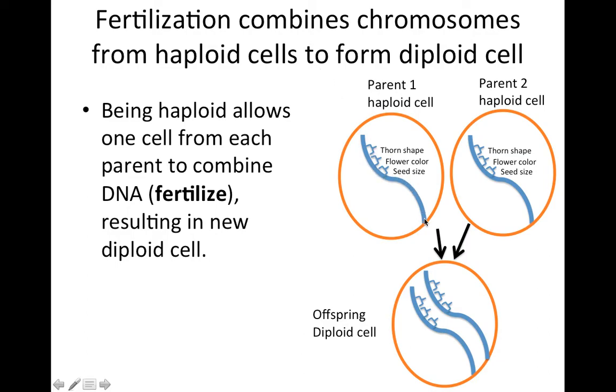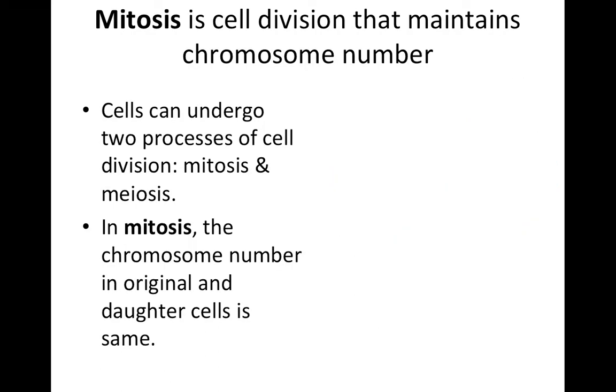We have a chromosome from one parent, a chromosome from a second parent. They come together, and these two haploid cells then, after fertilization, form a diploid cell. This diploid cell is going to be called a zygote. The zygote is the first diploid cell formed as a result of fertilization.